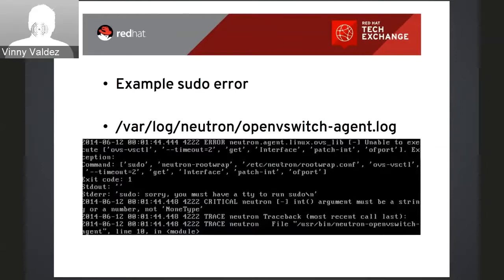So, unable to execute, and it tells you the command exactly in a little bit of an array here: ovs-vsctl --timeout get interface, and so on and so forth. And there's a command after that. This is sudo using the Neutron root wrap, and so on. So this is one incarnation of sudo being disabled.